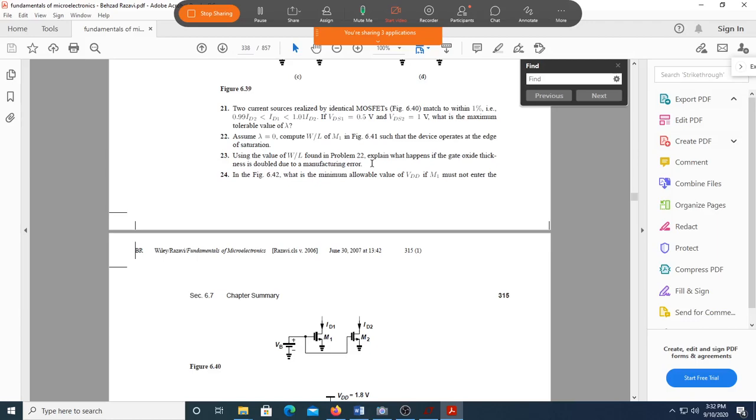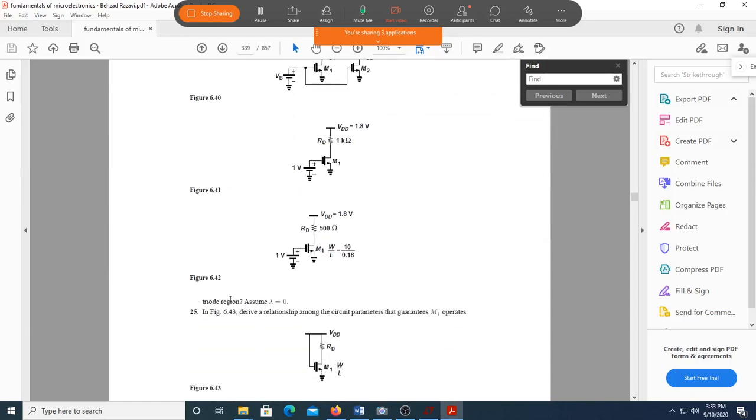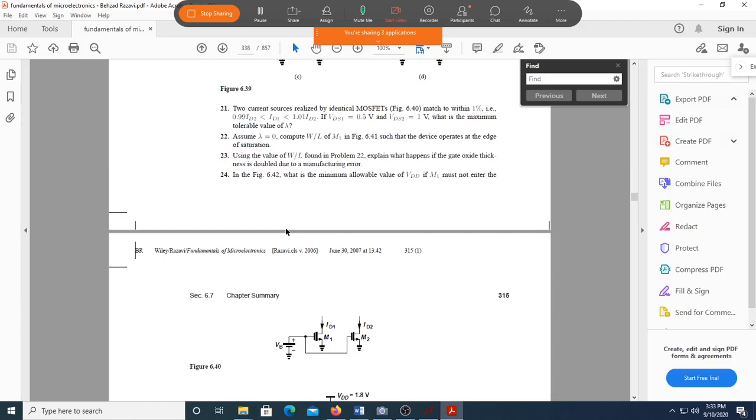6.42, where is 6.42? Here. See, in figure 6.42, what is the minimum allowable value of VDD if M1 must not enter the triode region? Now they are asking what is the value of VDD itself.